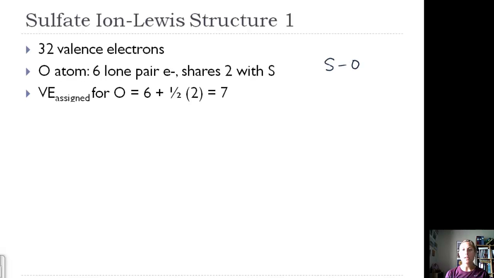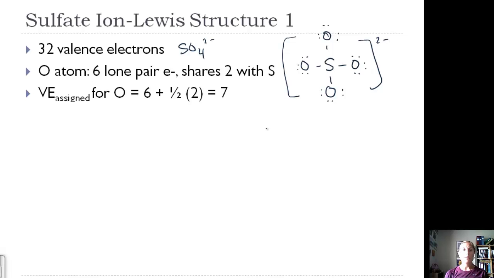So we have sulfur, oxygen, oxygen, oxygen, oxygen, because sulfate is SO4 2-. Let's do our lone pairs. 2, 4, 6, 8, 10, 12, 14, 16, 18, 22, 24, 26, 28, 30, 32. Okay, so we're good, and it is an ion, so technically brackets and charge.